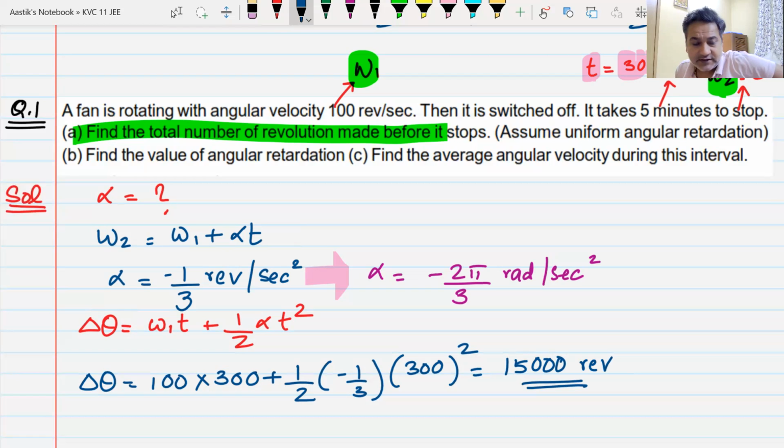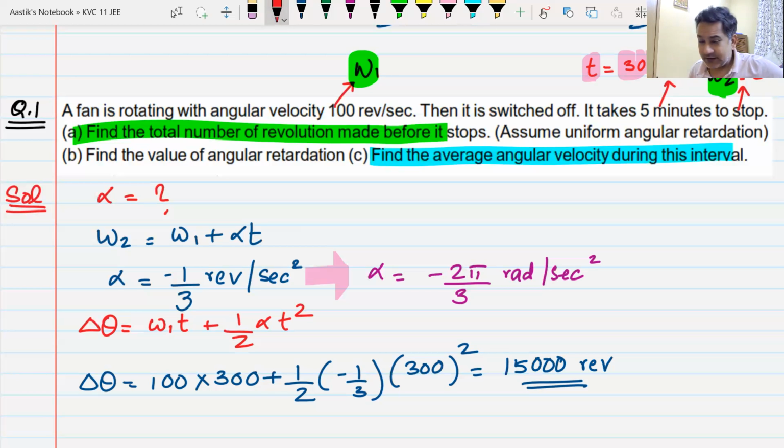Is this the correct answer? No one got this? Okay. Then lastly you have to find the average angular velocity. How do you find the average angular velocity? The average angular velocity is total angular displacement divided by total time. You can just put the values.